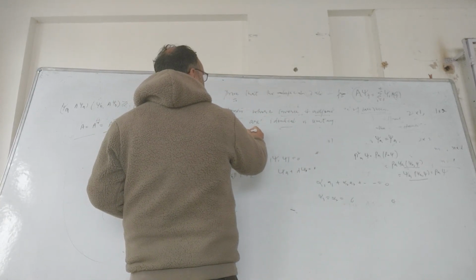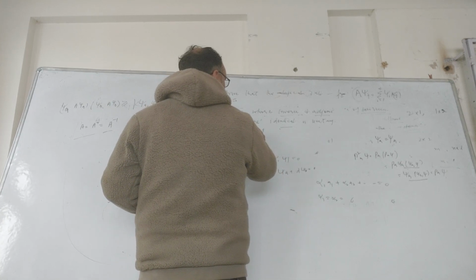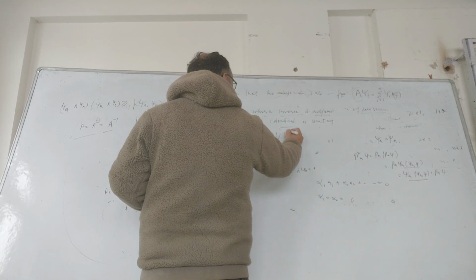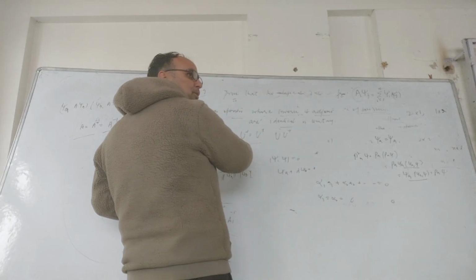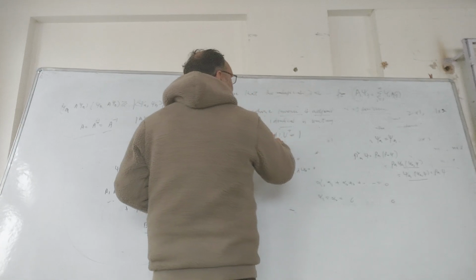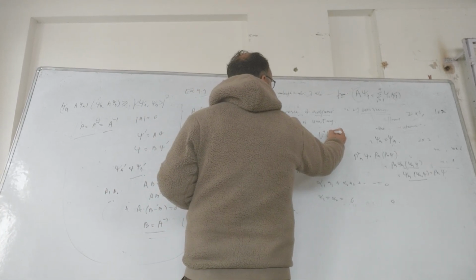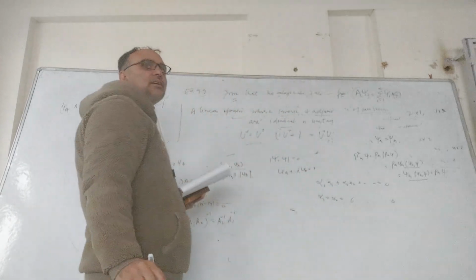Means U inverse is equal to U diagonal, और U diagonal U, अगर इसका U inverse है ना 1 by U, ये यहाँ से जाएगा, U diagonal U is equal to 1. Or you can also write it, you can change this, U U diagonal is equal to 1. ठीक है.